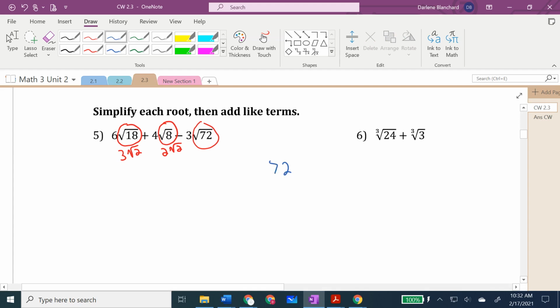Let's break down 72. First of all, it's even, so I can divide it by 2. And if you need to, you can use a calculator to find out that 72 is 2 times 36. And perhaps you recognize that 36 is a perfect square number. It is 6 times 6.